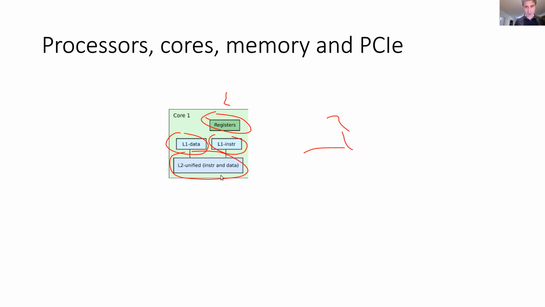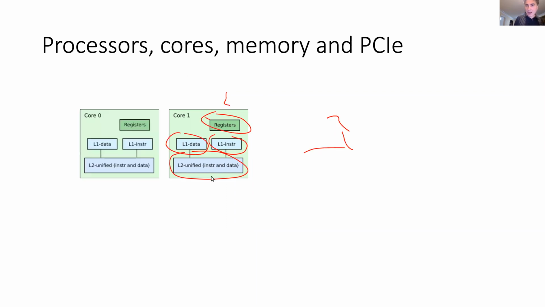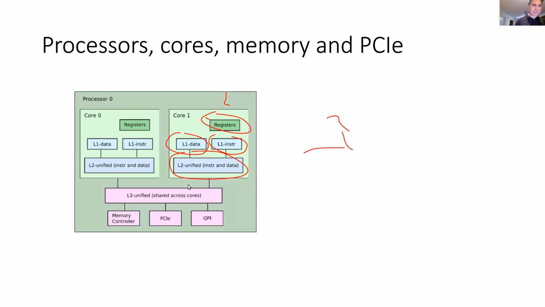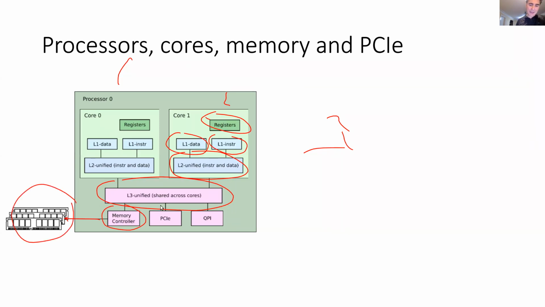The whole processor, which is what you usually get from the store, you can't just buy a core, will have a unified shared L3 cache, and this shared L3 cache will have a couple of controllers. One memory controller will connect this processor to memory, some local memory local to this CPU. It will also connect to a local PCI controller, and you will be able to connect local PCI devices here.